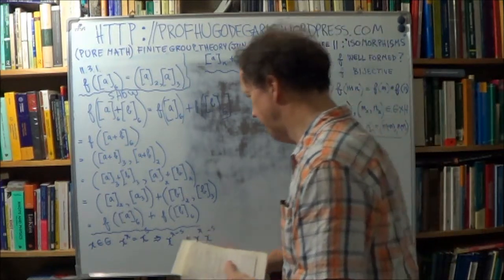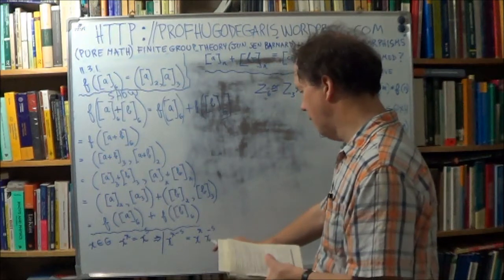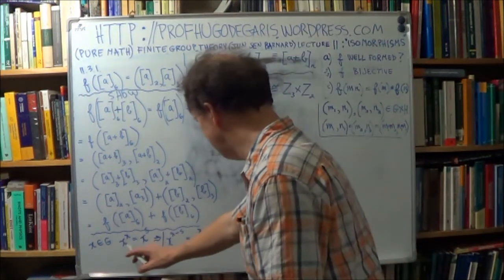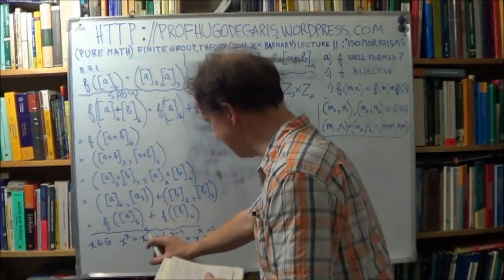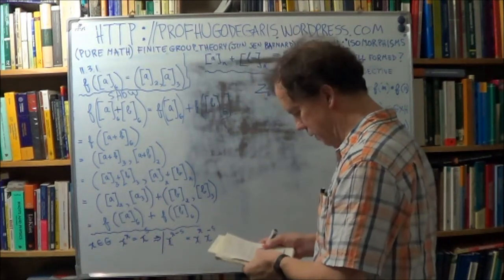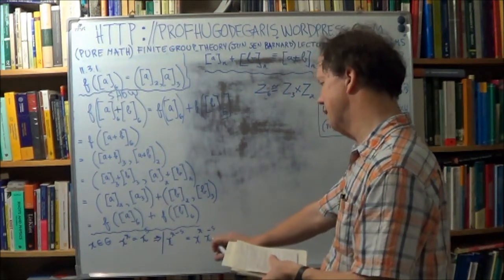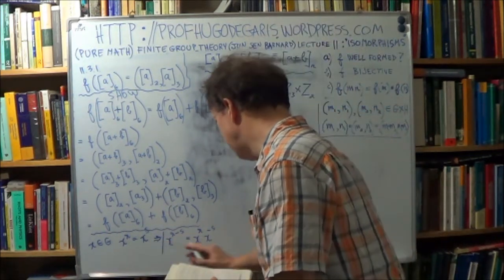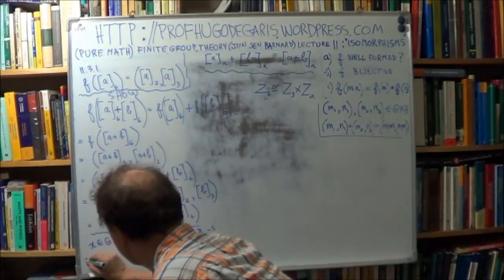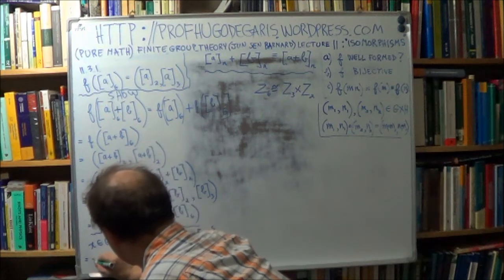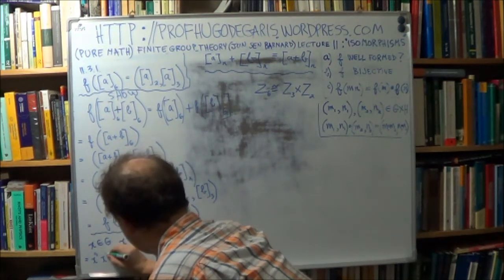And now, given that x to the s is equal to x to the r, I can rewrite this all in terms of s's. So instead of x to the r here, I can put x to the s. So this will then be equal to x to the s, x to the minus s.